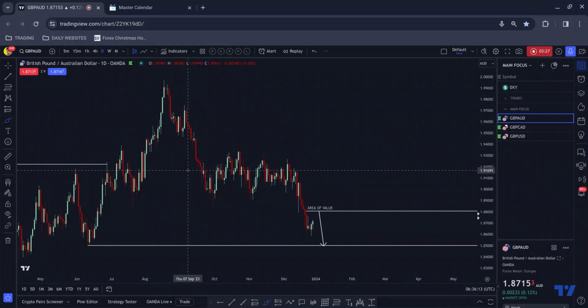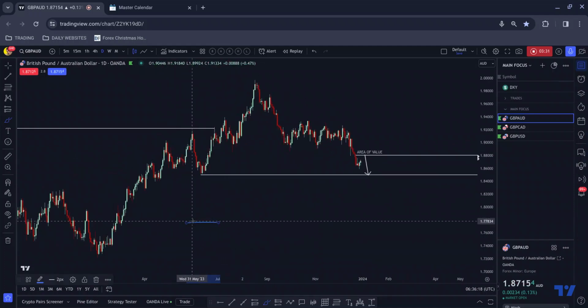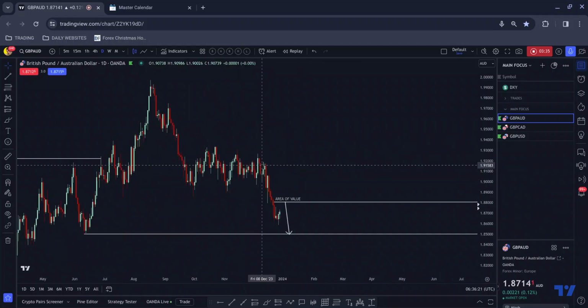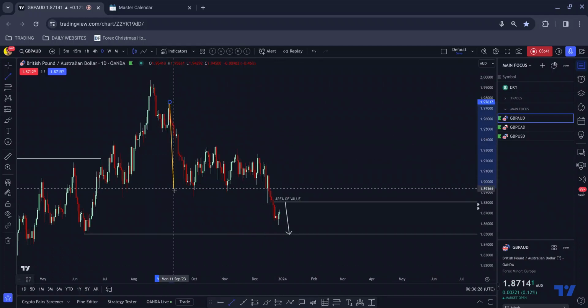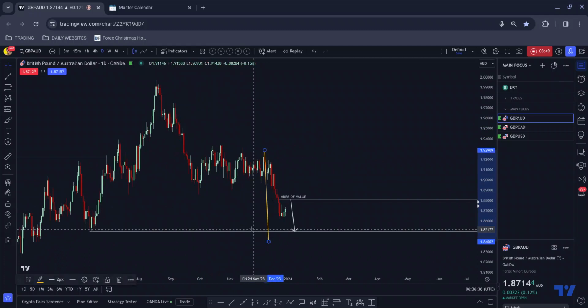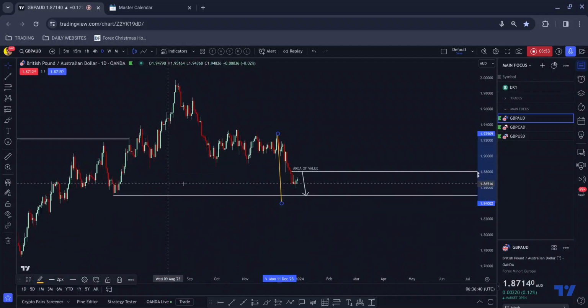As we drill down, you can see a lot of volume was built up here. So it wouldn't surprise me if this volume that was built up here acts as a bit of a catalyst to help price move to the downside. If we just measure, even if we took it from here, the impulse to the start of this correction, and we assume that the leg out is of a similar length, that would take us down to here and actually take us down to this low here.